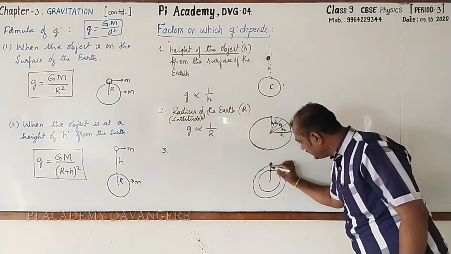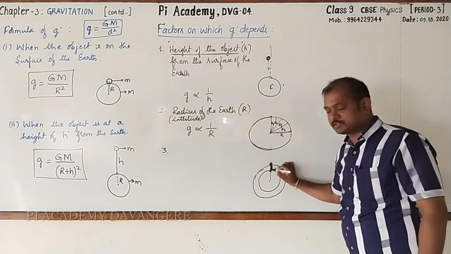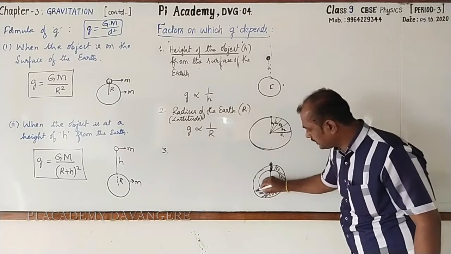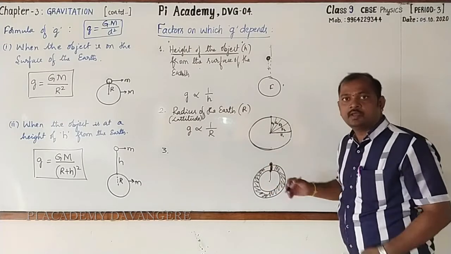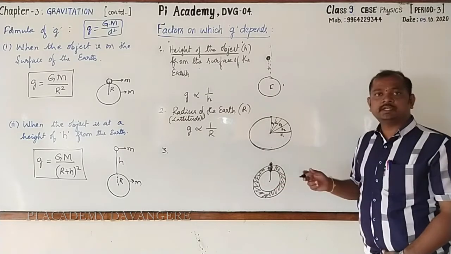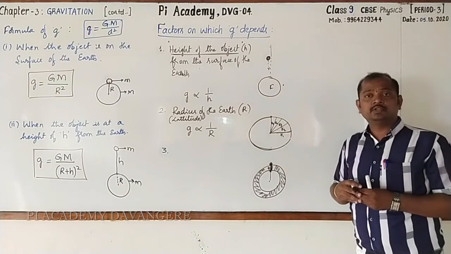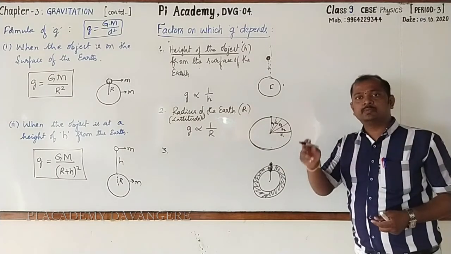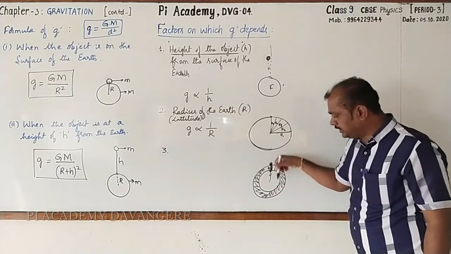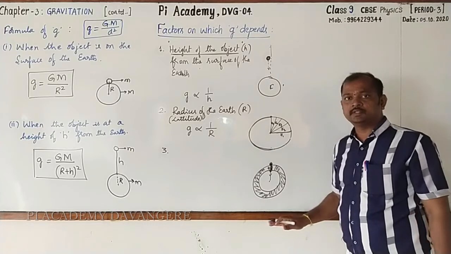As it moves inside the earth, this much height is decreased, so this much mass will not be considered. As the mass of the earth decreases, the acceleration due to gravity will also decrease. Followed? As the object moves deeper into the earth, the acceleration due to gravity will go on decreasing.